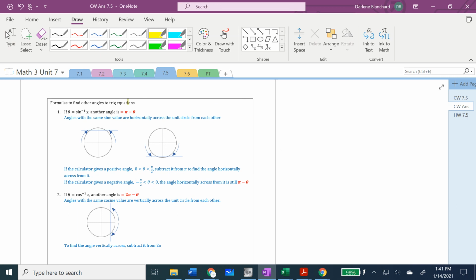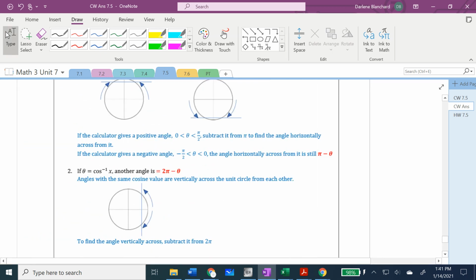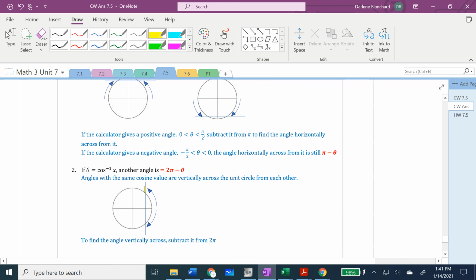I just talked about the formula for sine. The formula for cosine, if you need to find the angle partner that has the same x coordinate, you can take whatever angle answer you got and go 2 pi minus that angle.